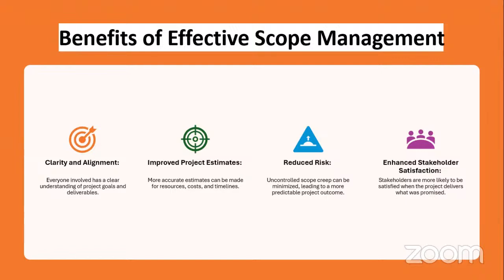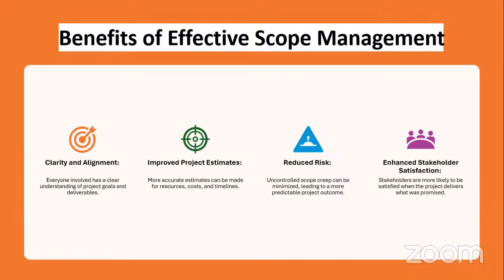It provides clarity and alignment. So the smaller the project, or the more you are able to break down the project into smaller units, the easier it is for you to understand, easier for you to handle, and easier for you to check if it is actually in the right direction or not.